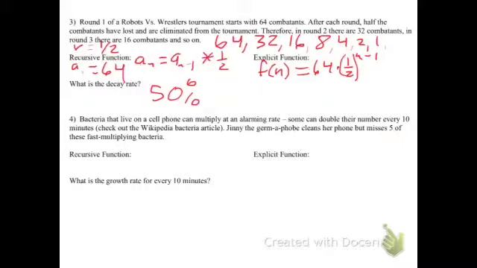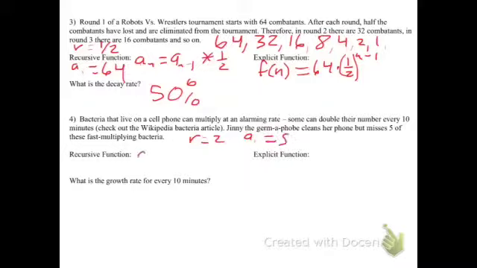and they double every 10 minutes. And so we're not going to worry about the minutes conversion thing. We're just going to say it doubles every time. And when I say every time, that just means every 10 minutes. So we got an r, a common ratio of 2, and a sub 1, a first number of 5.